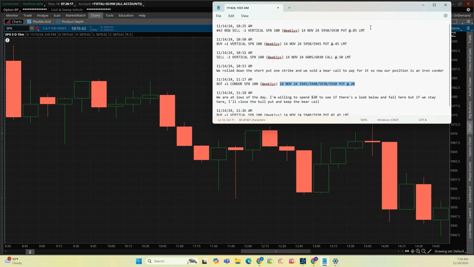Like I said, at that point we were up 90 cents. So I spent 20 cents to roll the whole spread down. At this point I had the 59.45 short put. I rolled it down to 59.40 to give a little bit more room to the downside.